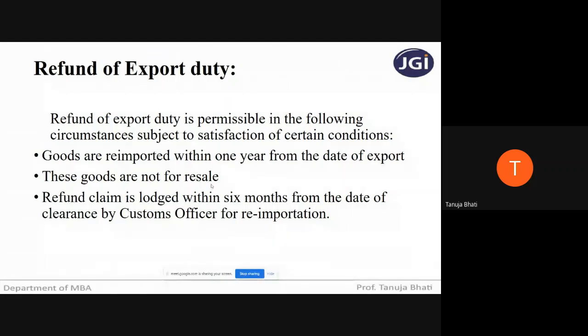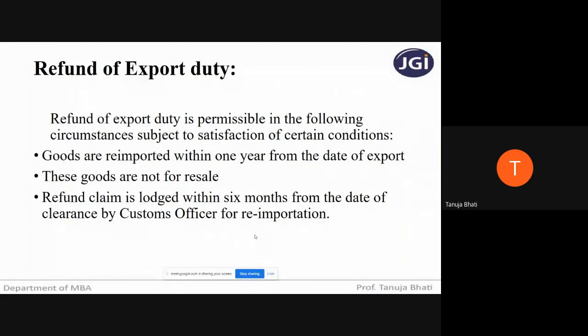Next, the refund claim is lodged within 6 months from the date of clearance by the customs officer for re-importation. Whatever amount of export duty you want refunded has to be claimed within 6 months, and those 6 months are calculated from the date when the customs authorities cleared the goods for re-importation.